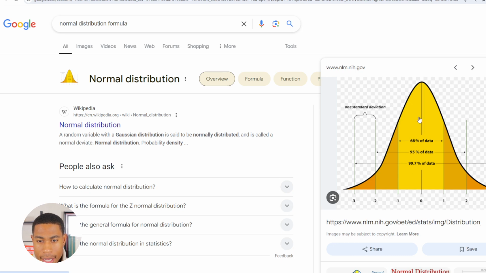If your data is from -2 to 2, now you have 95% of the data. And then if it goes from -3 to 3, right, then now you have 99.7%. So it just keeps increasing the further out you go as far as standard deviation is concerned.